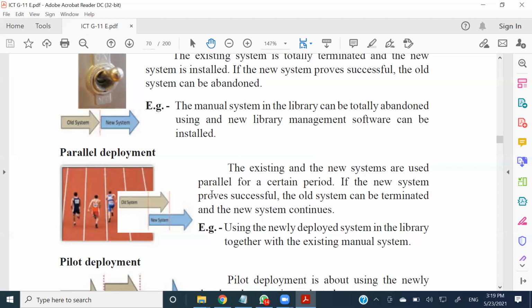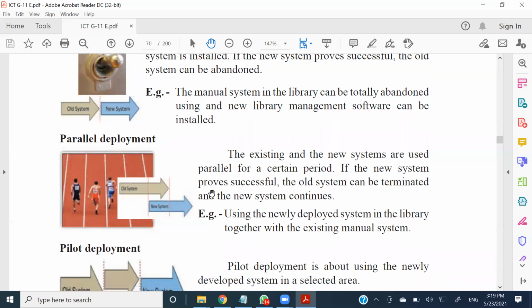Once we are sure, satisfied and confident with the new system, the organization will be able to get rid of the old system and continue with the new system. But for some period they have to do both ways until they get assurance regarding the new system, right?